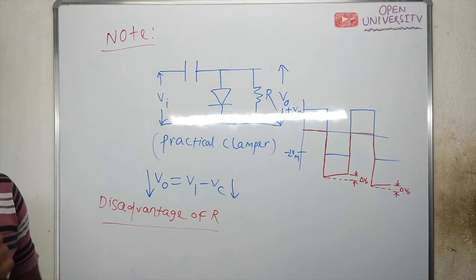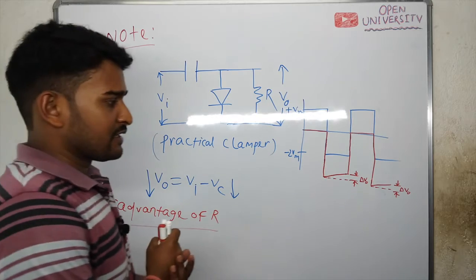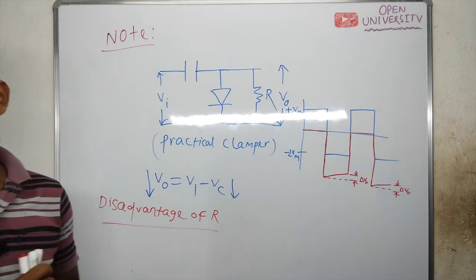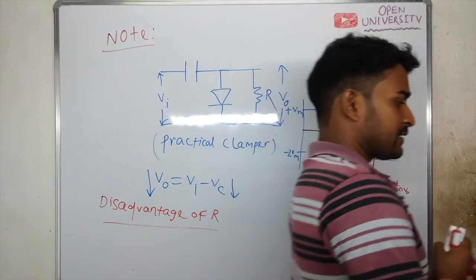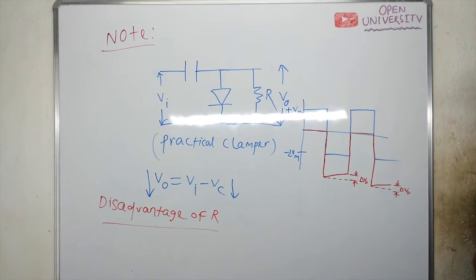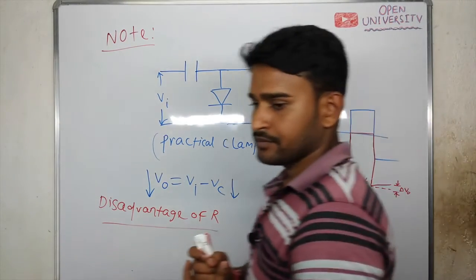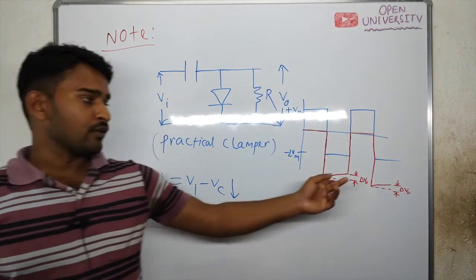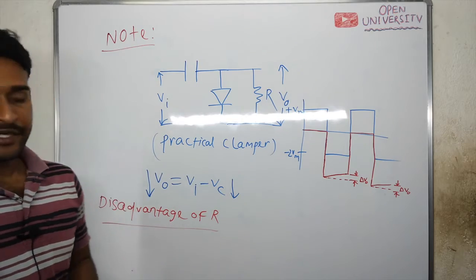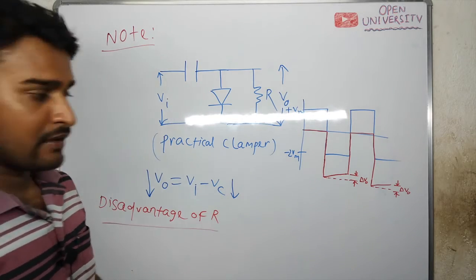Due to this, Vc decreases and a tilt will appear in the output waveform during the negative half cycle.